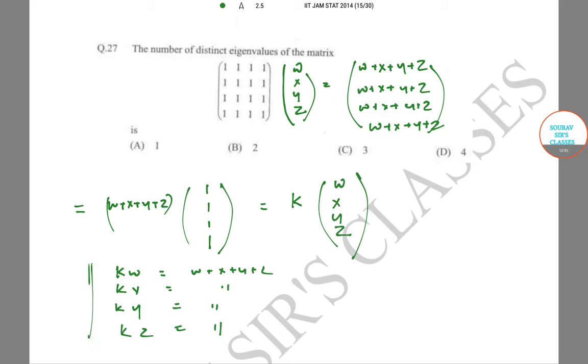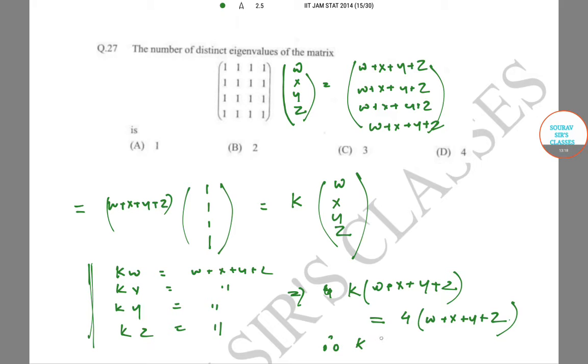Adding up all these 4 equations, we get k times w plus x plus y plus z is equal to 4 times w plus x plus y plus z. Therefore k has to be equal to 4.